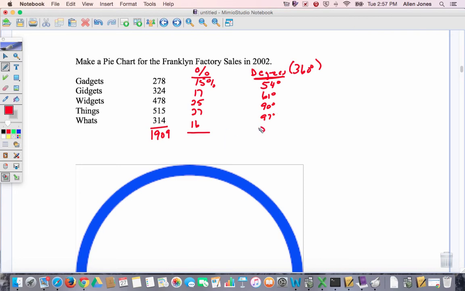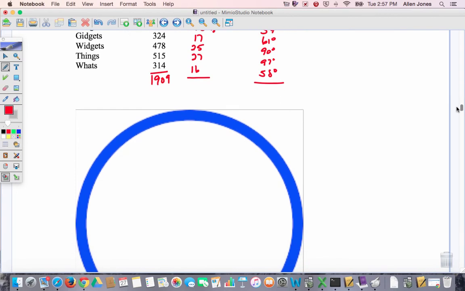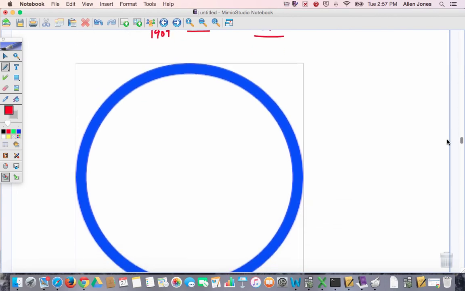And 16% of 360 is about 58 degrees. And just like we did with the other one, this should add up to be 360. You know, if we're at 358, 359, 361, we might have a rounding error, but you get the general idea.